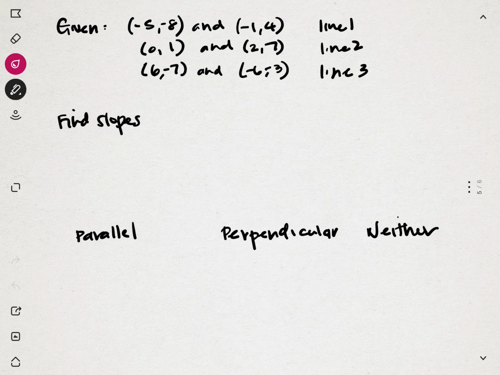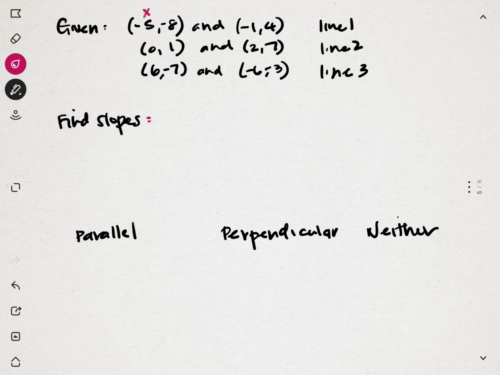Okay, last example here. We're being given 3 different lines, and for each of the lines, we're given 2 points. So what it's asking us to do really is we're trying to find the slopes of each of these lines, and we're going to compare the lines and say if they're parallel, perpendicular, or neither in relation to each other. So the first thing we're going to do is find the slopes.